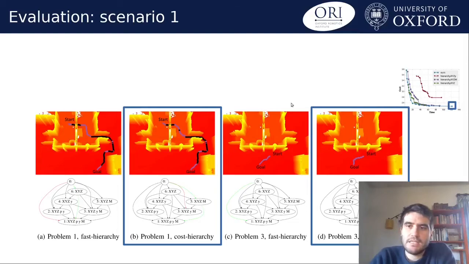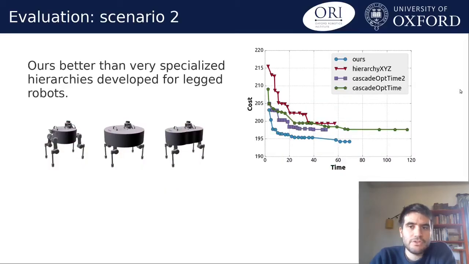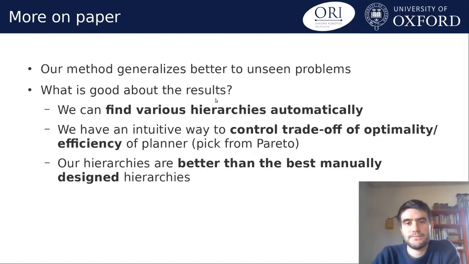So you can see that you obtain different kinds of hierarchies depending on whether you want to prioritize computation time or cost. We also do another scenario with a different kind of robot and different kinds of approximations to show that our method does better than very specialized hierarchies developed for legged robots.